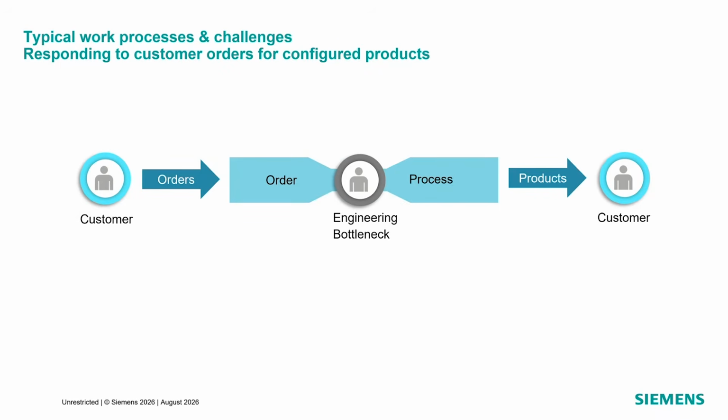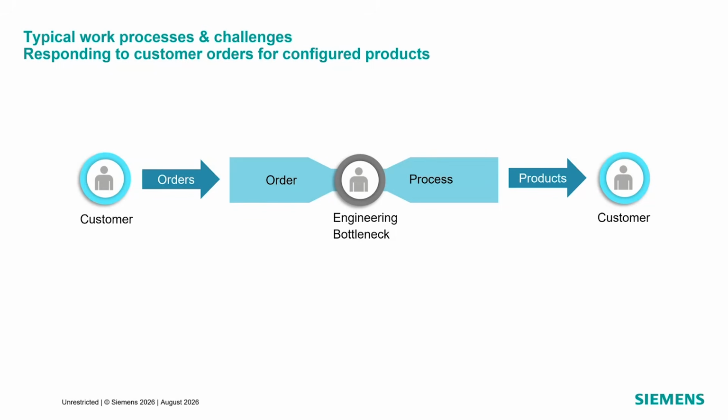So again, here the trigger on this slide is an order rather than a request for proposal, but the pattern remains the same. When a customer orders something, and if it's a specific customized order, again, we need to go back to our engineering department, translate the requirements into an order-specific product before delivery can proceed.